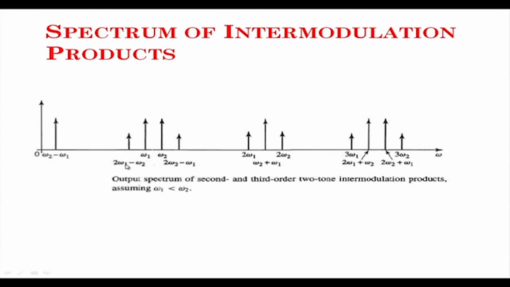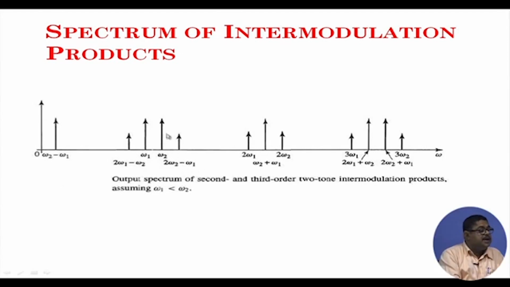But this third order intermodulation product given by 2 omega 1 minus omega 2 and 2 omega 2 minus omega 1, they are in the same frequency band as my desired frequency band. So, by filtering I cannot remove them, that is the problem, that they will come and they will disturb my system, because these are not my desired frequencies.